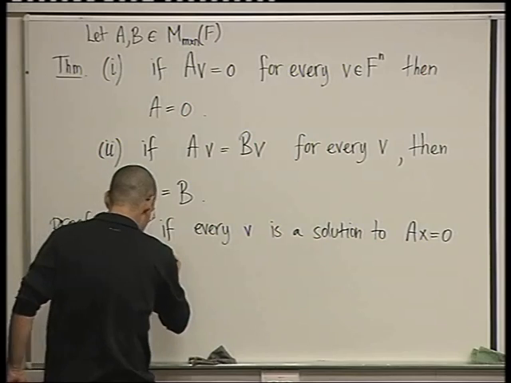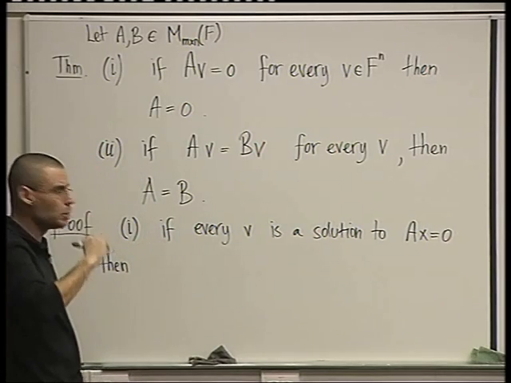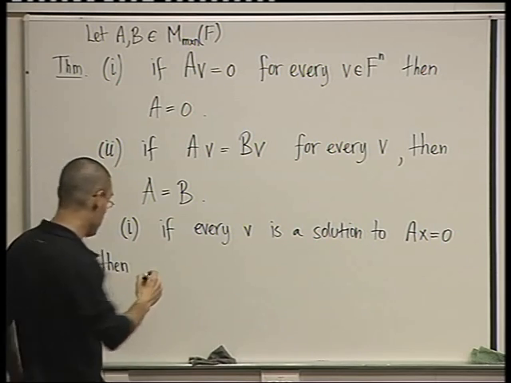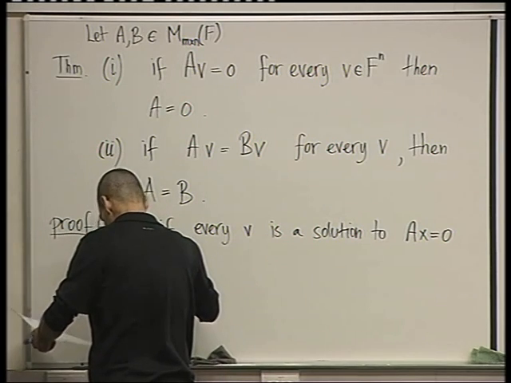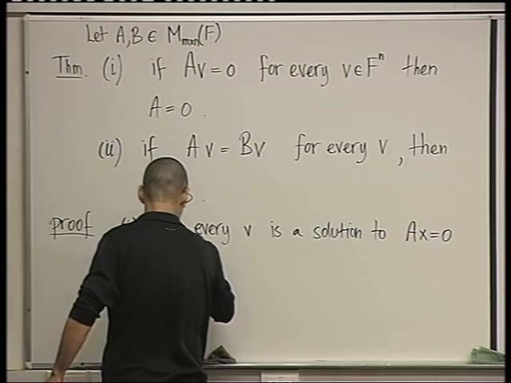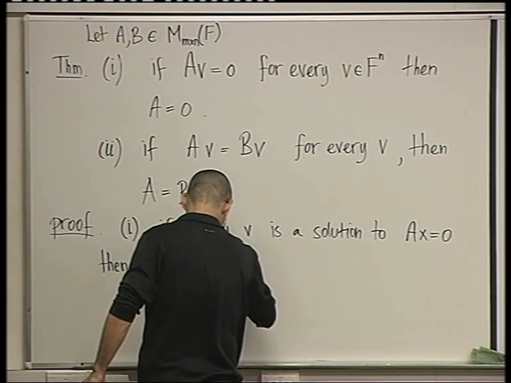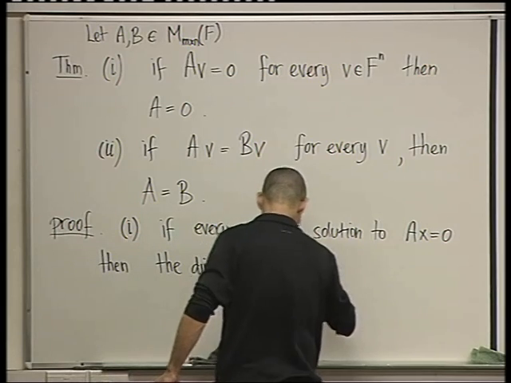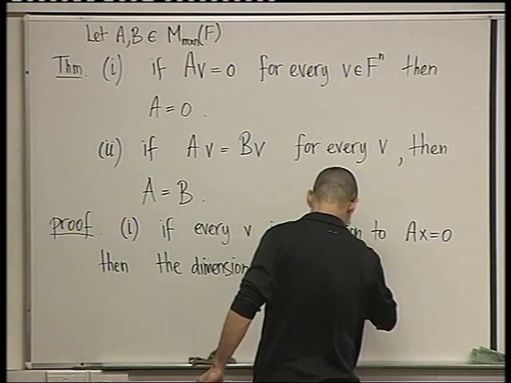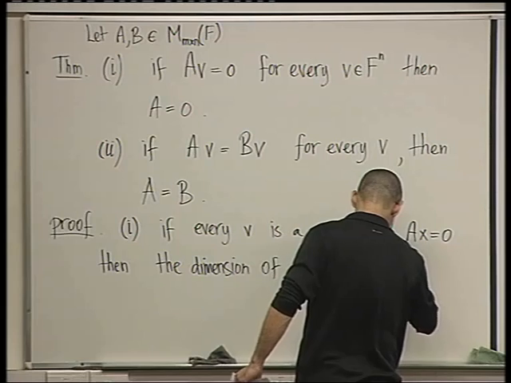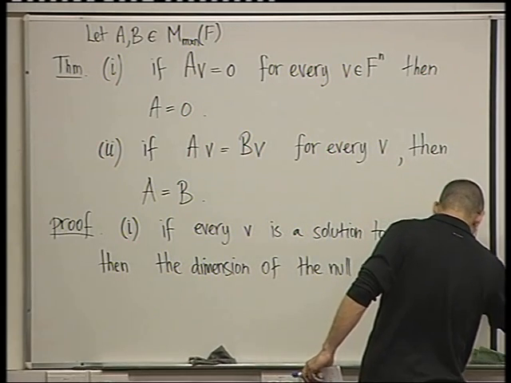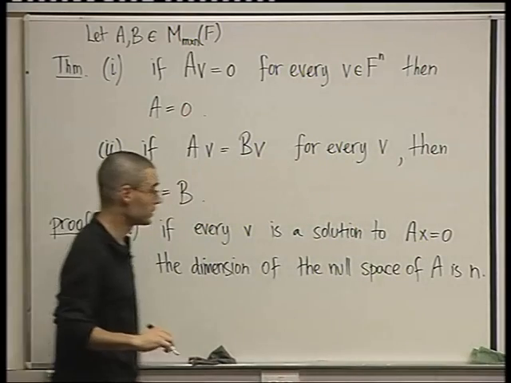Okay, then, but how did we call the set of solutions of a homogeneous system of equations? The null space. Then the dimension of the null space of A is N, right?